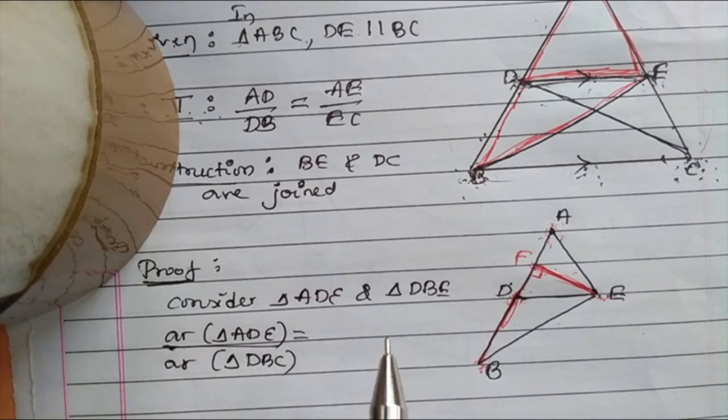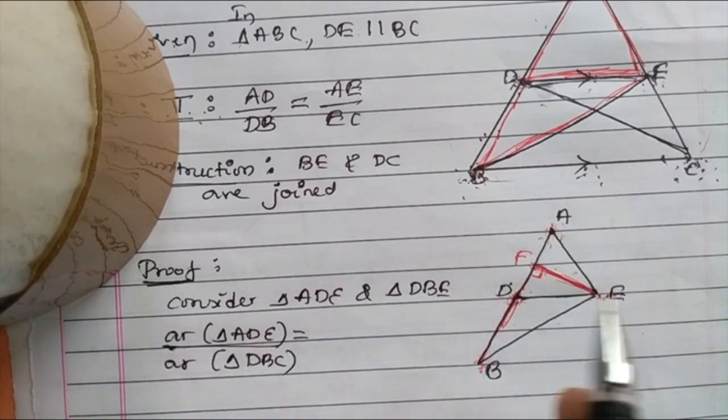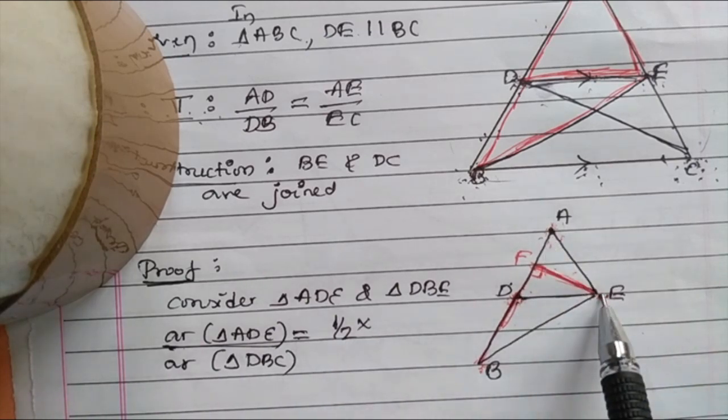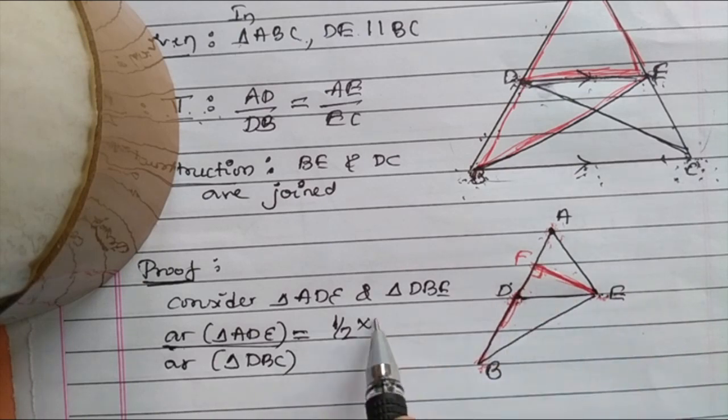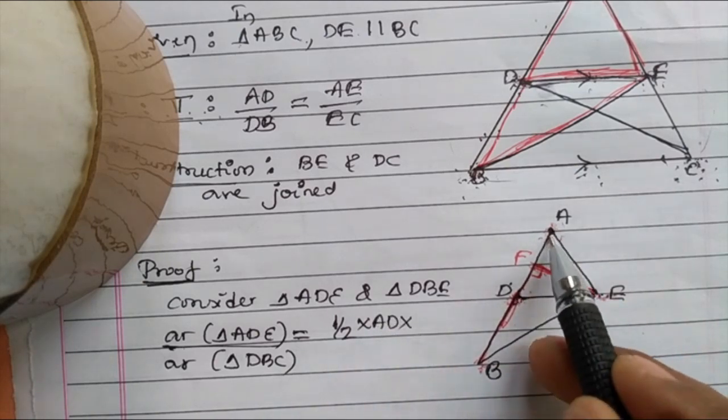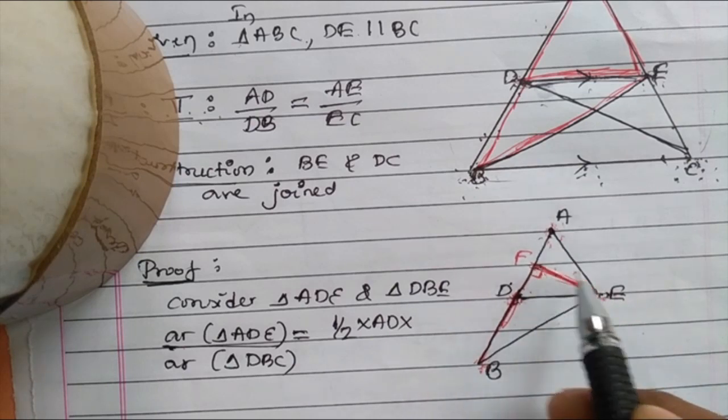Some other formulas also exist, Heron's formula and special formulas for the equilateral triangle, but the common general formula is half into base into height. Area of triangle ADE is half into base into height. For triangle ADE, AD is the base and the height is EF.